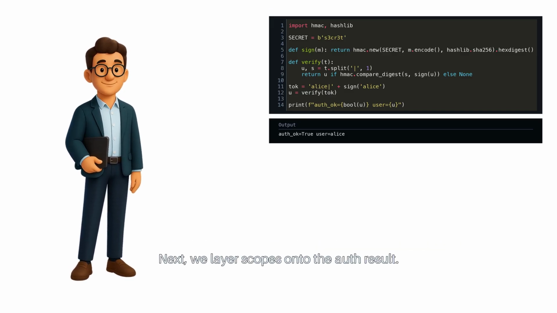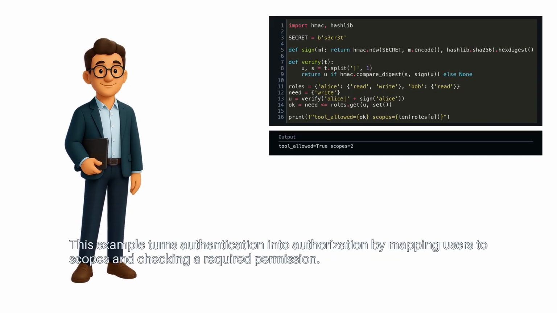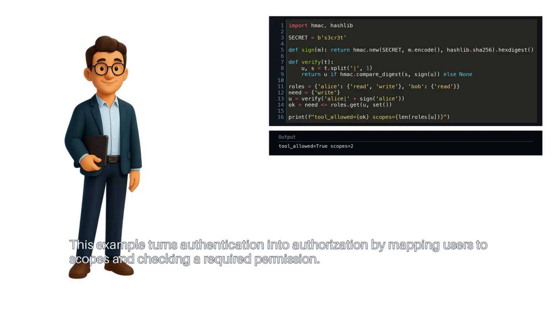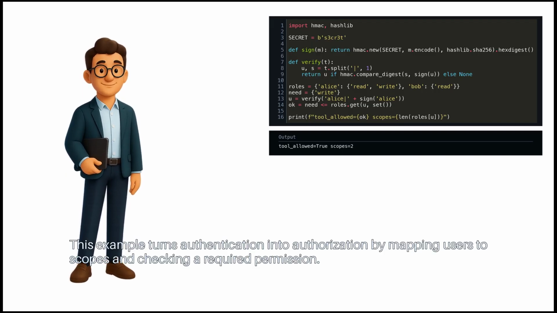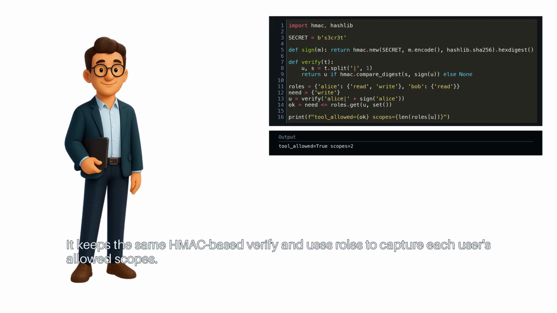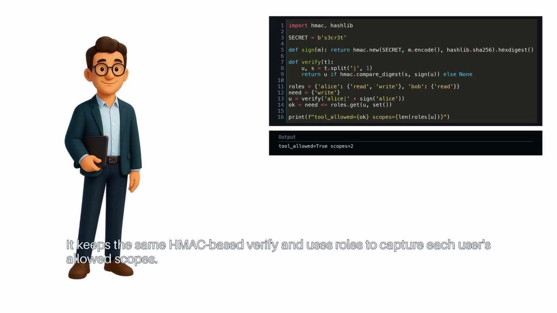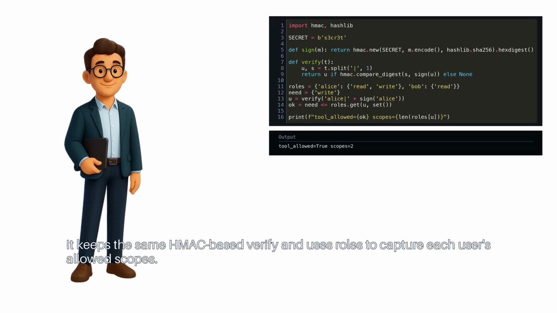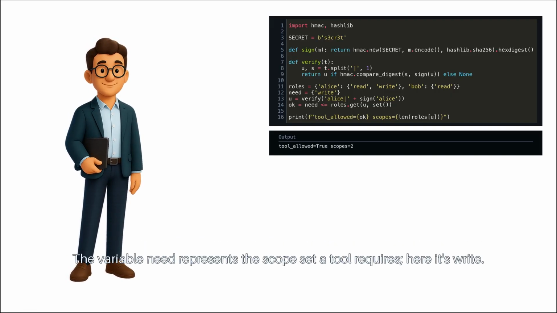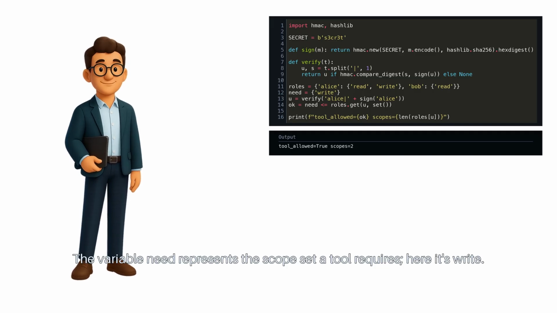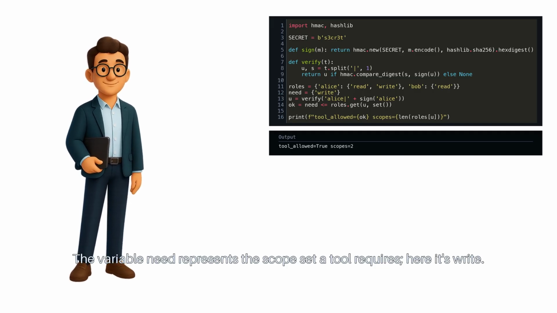Next, we layer scopes onto the auth result. This example turns authentication into authorization by mapping users to scopes and checking a required permission. It keeps the same hmac-based verify and uses roles to capture each user's allowed scopes. The variable need represents the scope set a tool requires. Here, it's read.